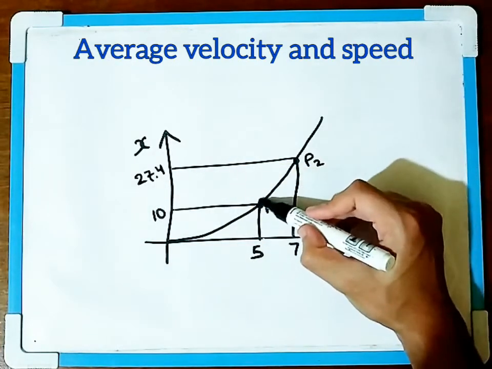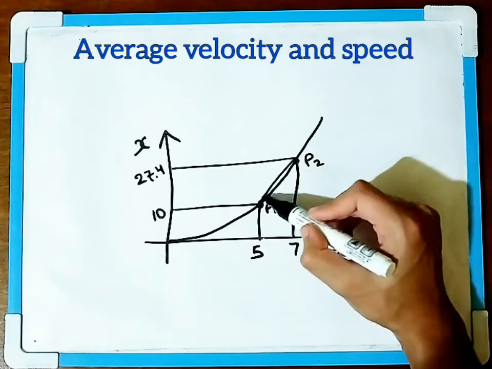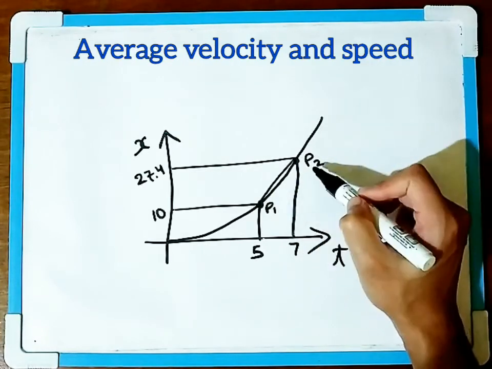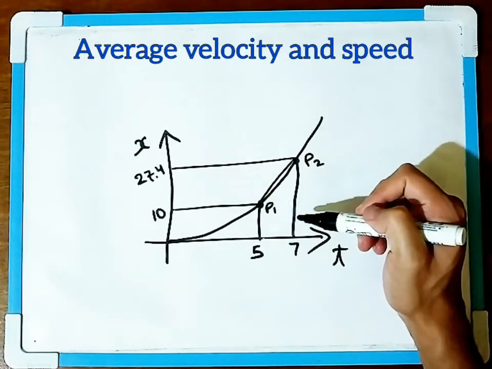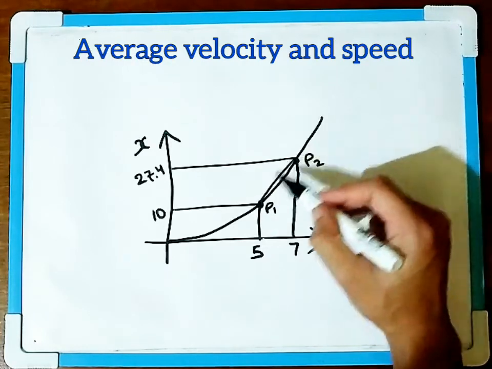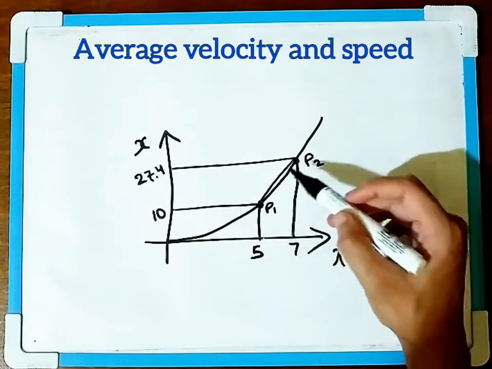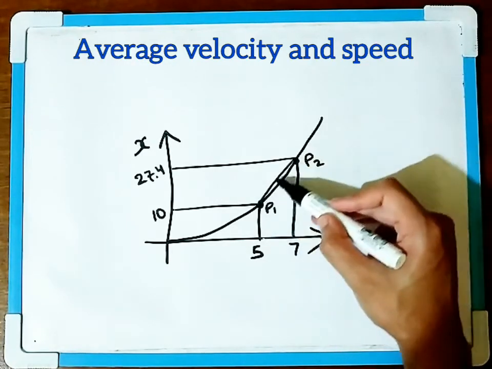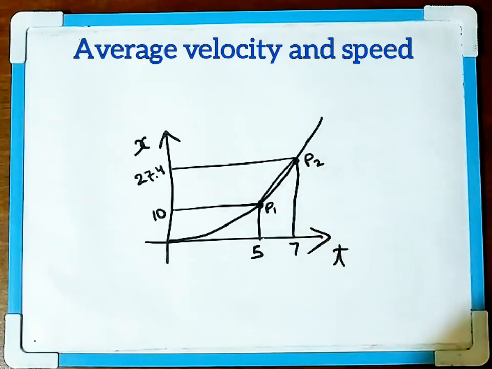And this straight line joining P1 and P2 is known as the slope of the line P1, or the average velocity. So the slope of this line will give us the average velocity.